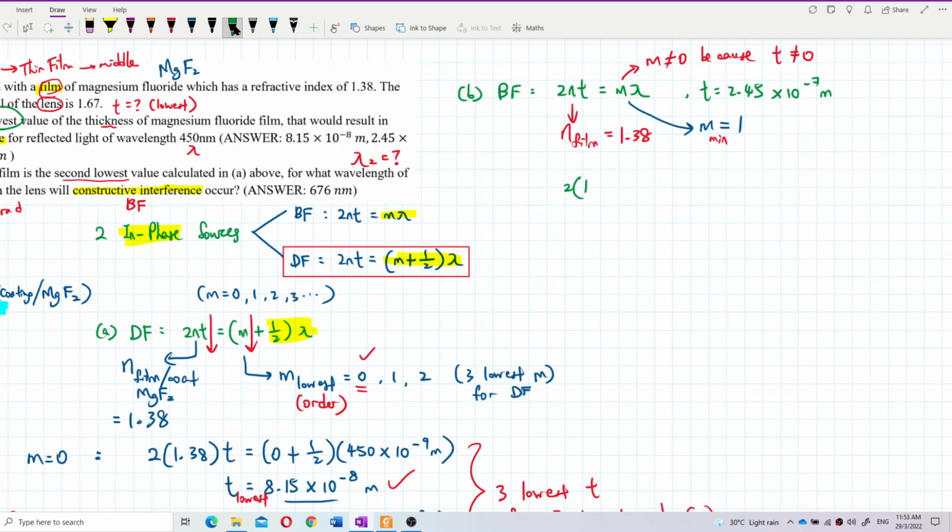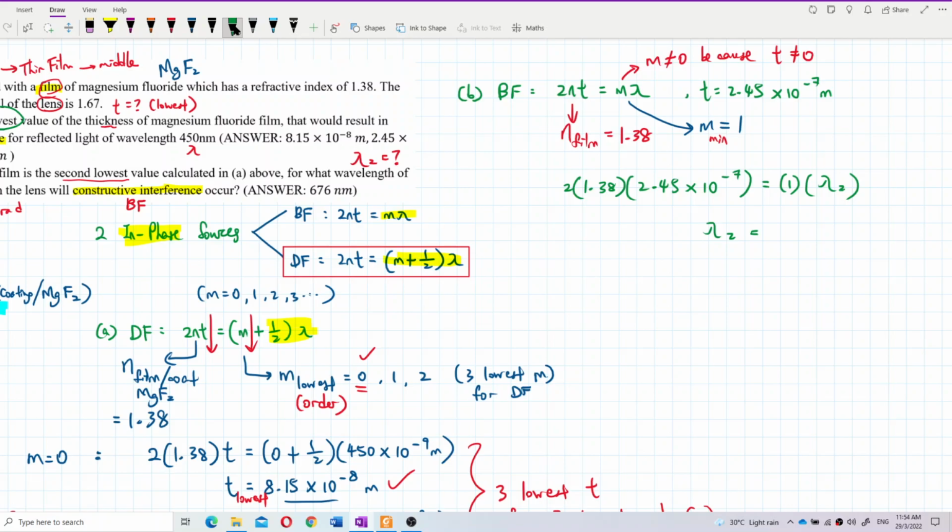N is 1.38, thickness 2.45 exponent -7, order equal to 1, and I want to find the lambda. This is considered lambda 2. Let's calculate: 2 times 1.38 times 2.45 exponent -7.